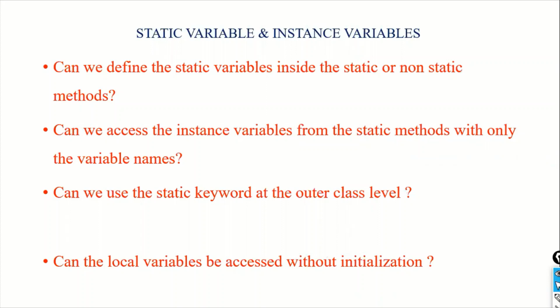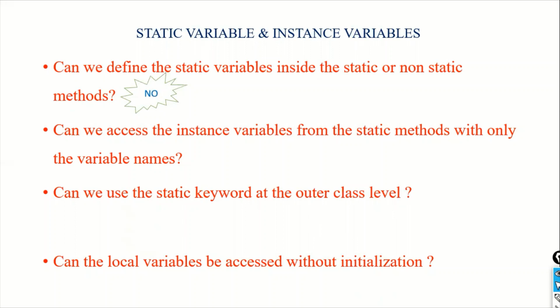When we define any variables inside the method blocks, they become local variables. So can we define static variables as local variables? The answer is no. We are not allowed to define any static variables inside any block. They have to be class level variables only.